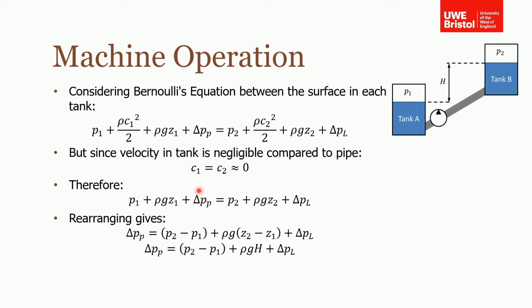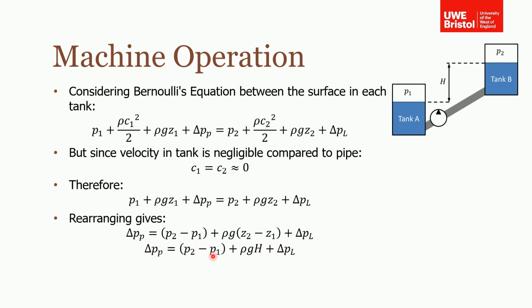Now what we're trying to find is the pressure rise that's needed to move the water from tank A to tank B. So we need to make this pressure rise the subject of the equation. Rearranging will give this: the change in pressure between the two tanks plus the change in height plus the pressure losses. Remembering that Z2 minus Z1 is H, we fill that in.